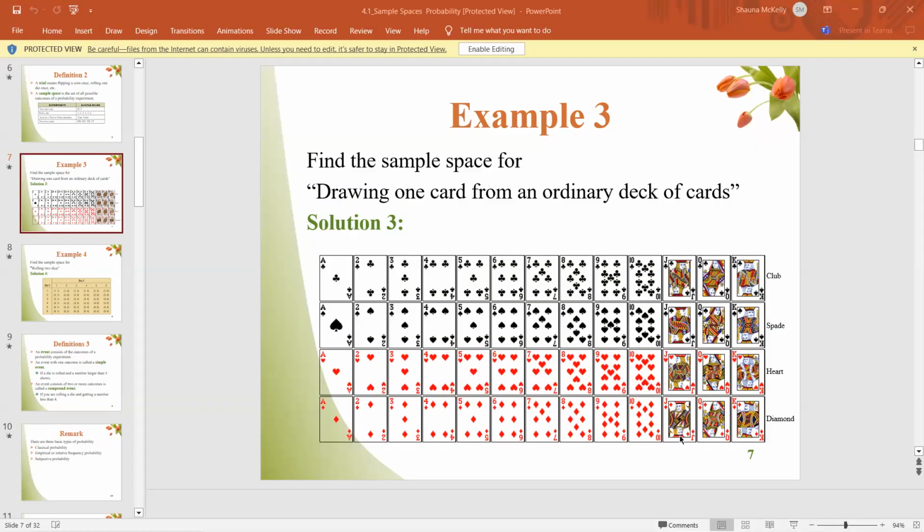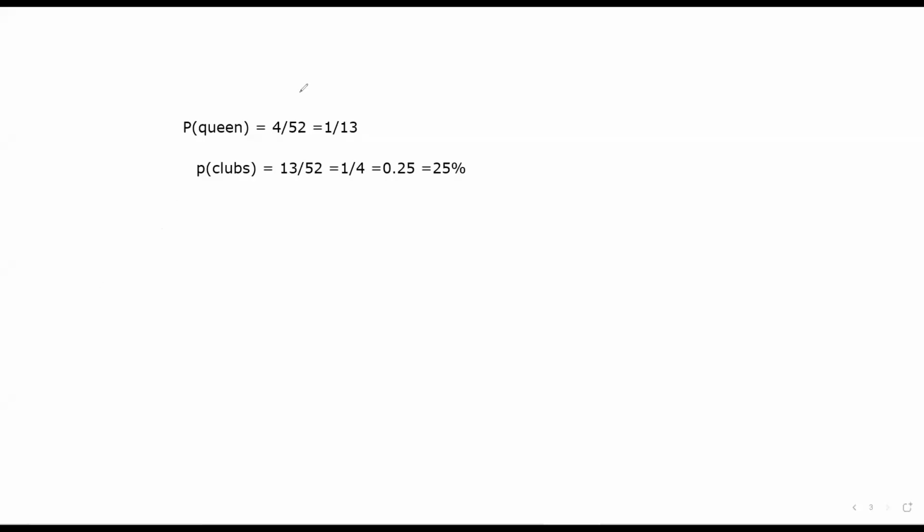Just one. Yeah, there's only one queen of clubs, right? So it's 1 out of 52 is our probability, because there's only one of her. So here, this is going to be the probability of queen of clubs, and that's going to equal 1 out of 52.